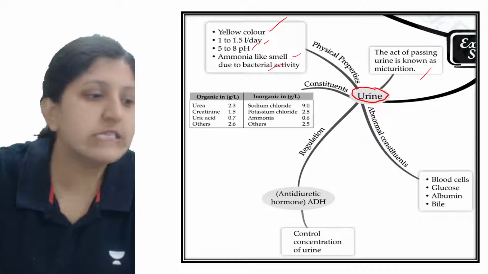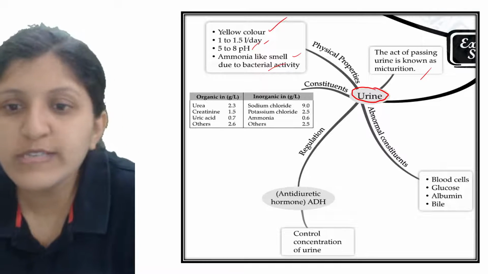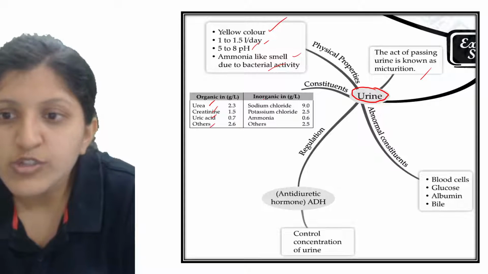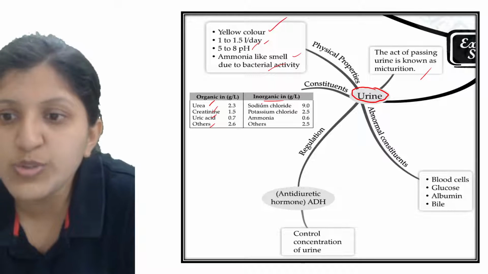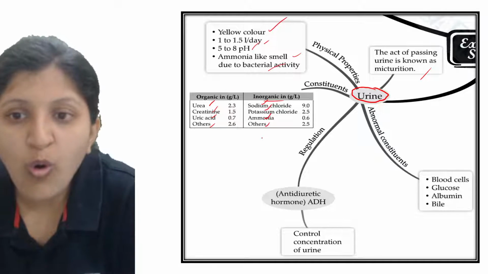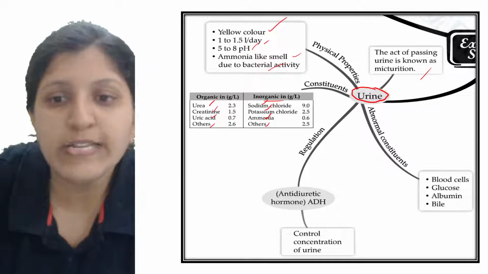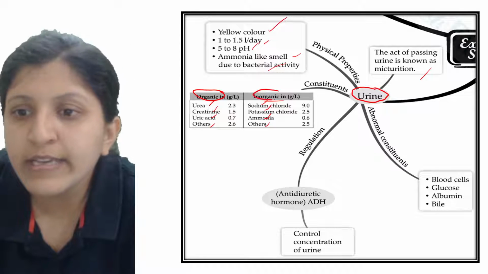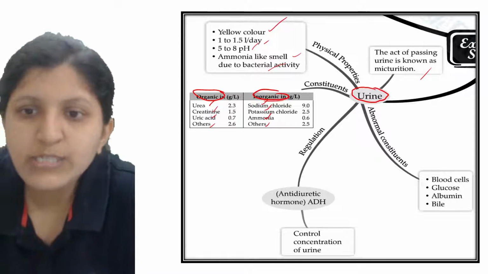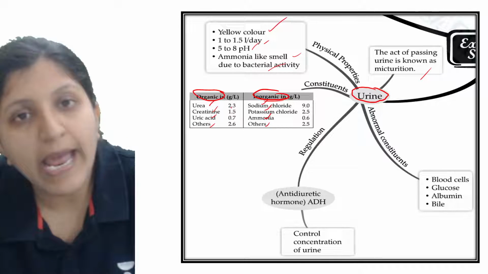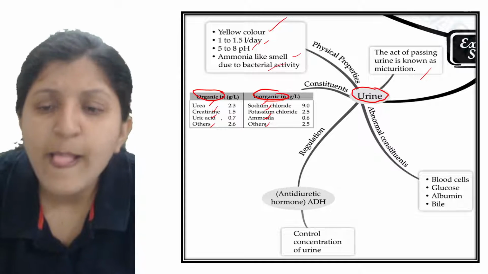Then the constituents of urine: urea, creatinine, uric acid and others. Inorganic constituents include sodium chloride, potassium chloride, ammonia and others. So both organic and inorganic materials can be found. Urea is up to 0.2 to 0.3, and creatinine up to about 1.5.